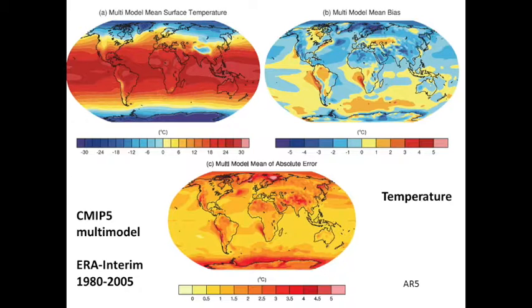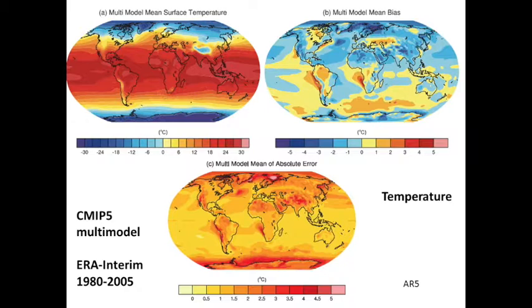There we have positive and negative values. And here we have only positive values. So there we can see many places where the model overestimates precipitation.